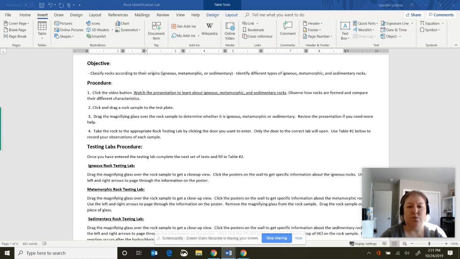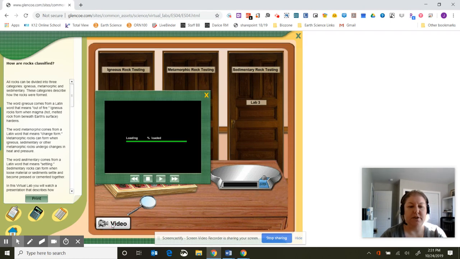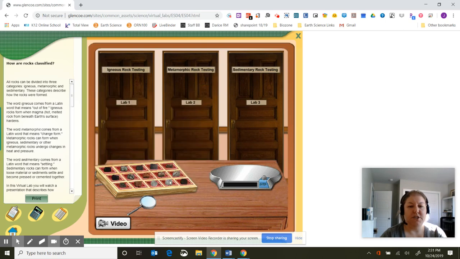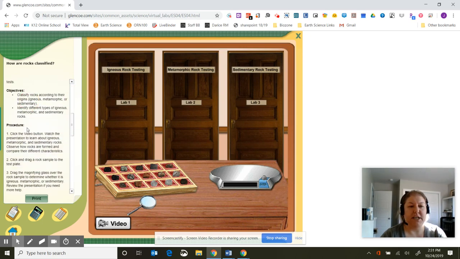So when you go into the lab, it says watch the video. So there's the video. It will load. You can watch the whole thing. Also, here's information about those types of rocks. The objectives are classifying rocks according to their origins and identifying different types of rocks.